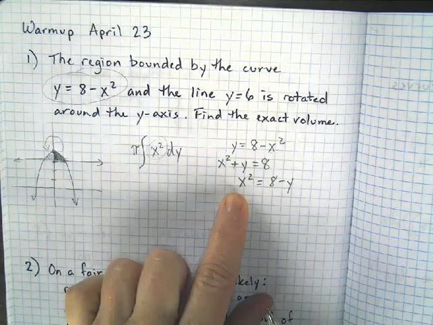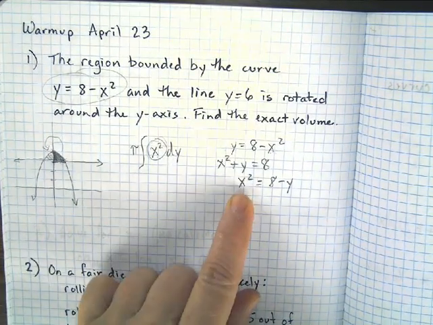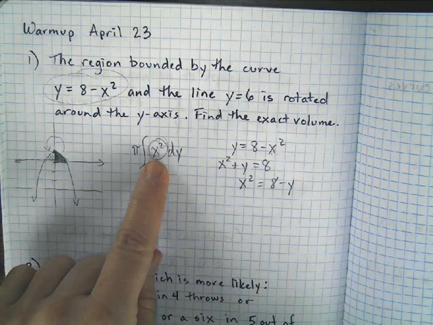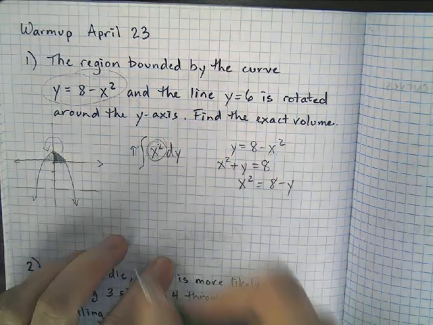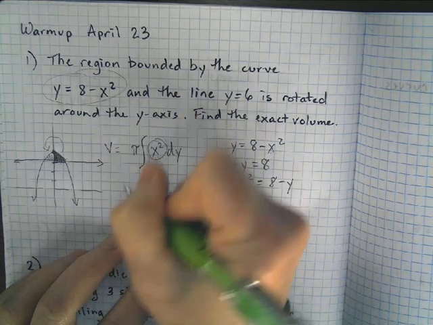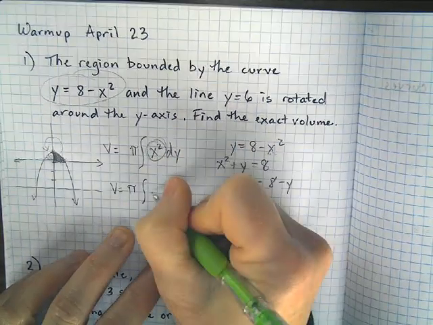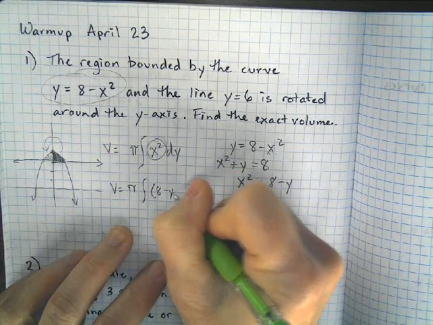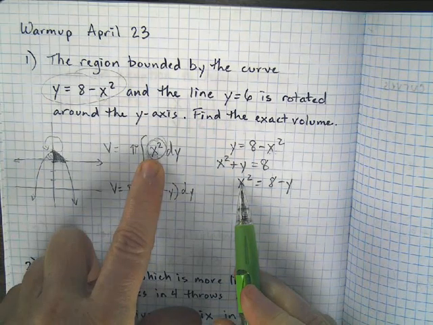I don't have to solve this for x and then put it in and then square it. I can just substitute in, x squared is 8 minus y. So my volume is going to be equal to pi times the integral of 8 minus y dy. No need to square this, because I've just substituted in for the x squared.